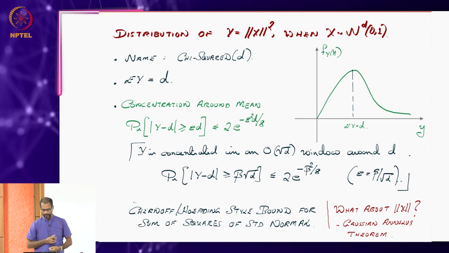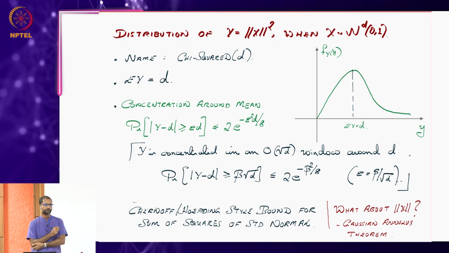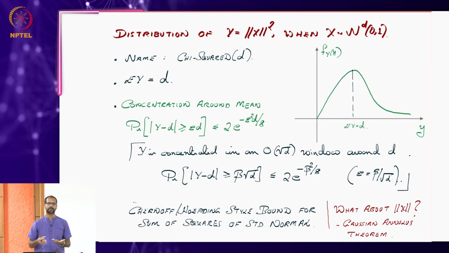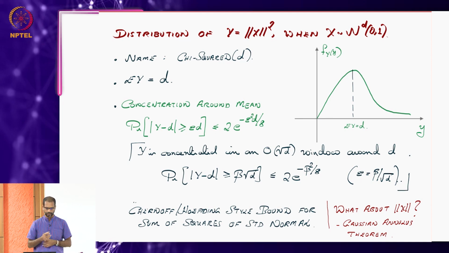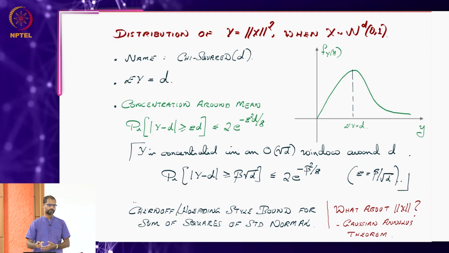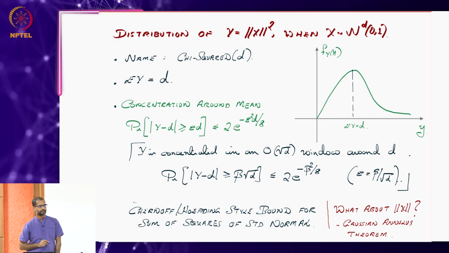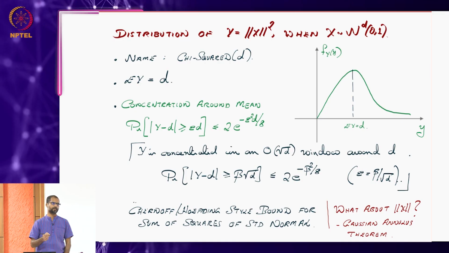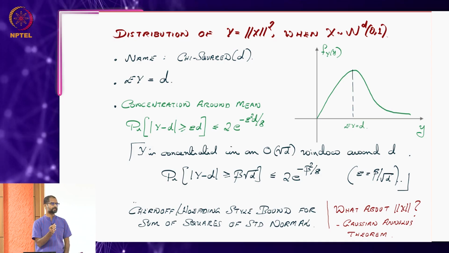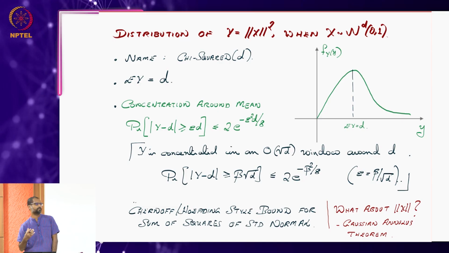So, there I will, without proof, use this inequality. This is very much in spirit, in notation, like the Chernoff or the Hoeffding bound that you have seen. You see an exponential decay on the right side, and what you are studying is also the same. Let me read it out. Probability that the magnitude of y minus d. So, you expect y to be around d, and magnitude of y minus d is because you consider deviations either to the left of the mean or the right of the mean as the same.